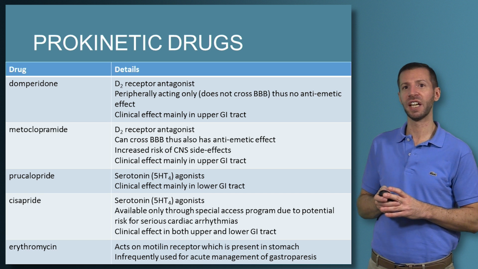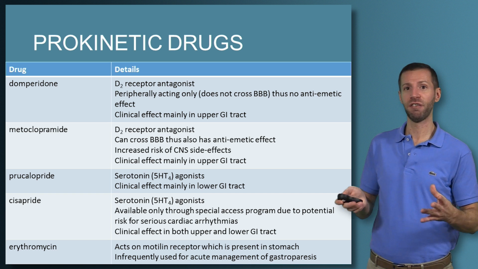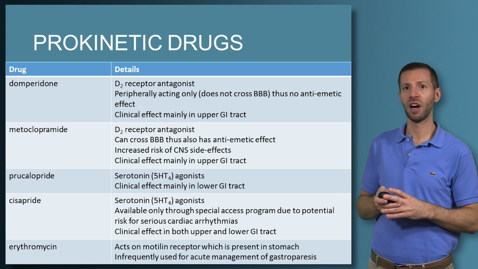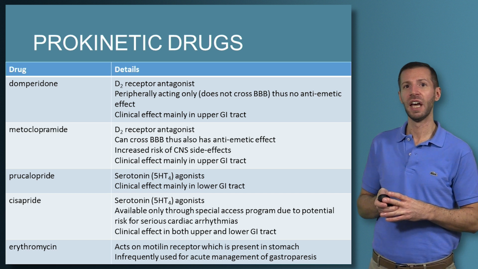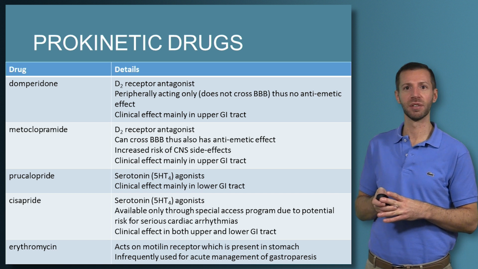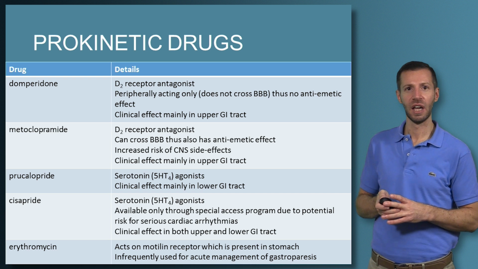Cisapride's issue is its side effects, particularly its effect on the heart and its risk of cardiac arrhythmias. Because of cases of serious cardiac arrhythmias, it was removed from the regular market and is only available through special access programs. But its clinical effect is in both the upper and lower gastrointestinal tract.